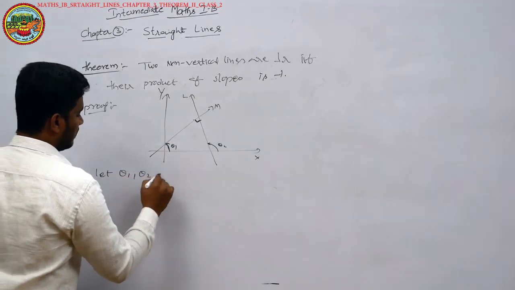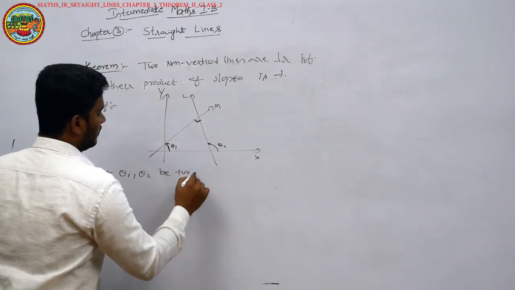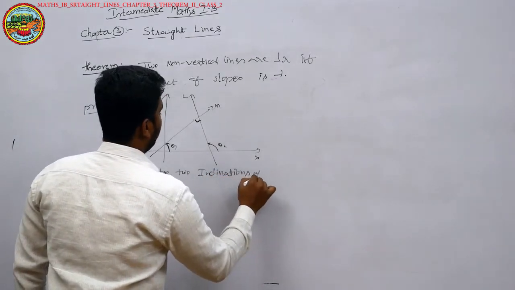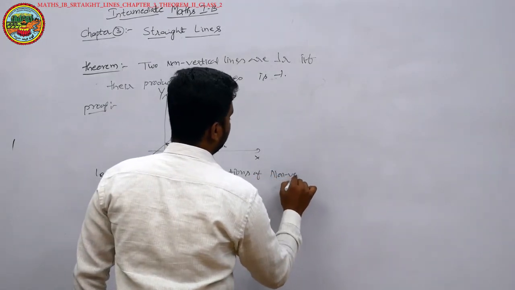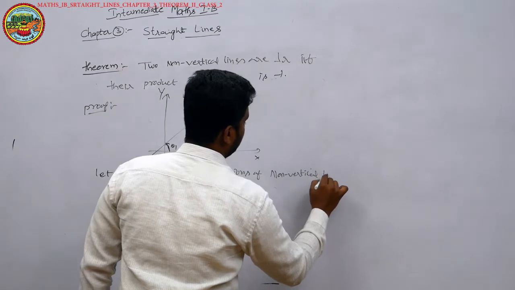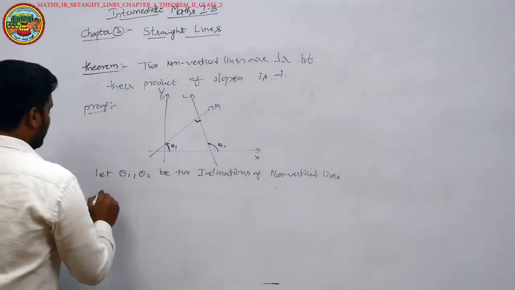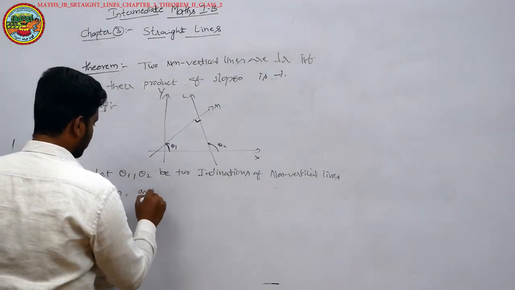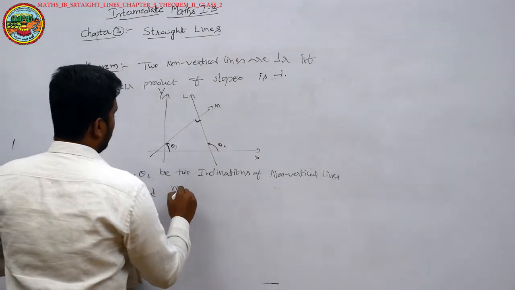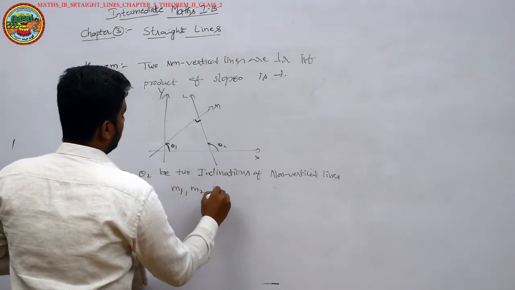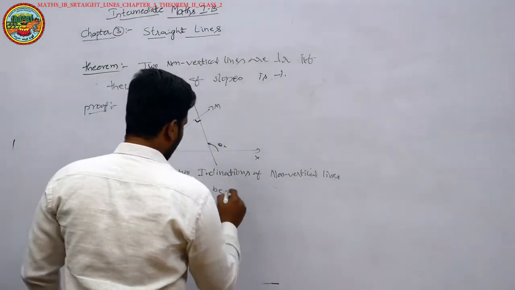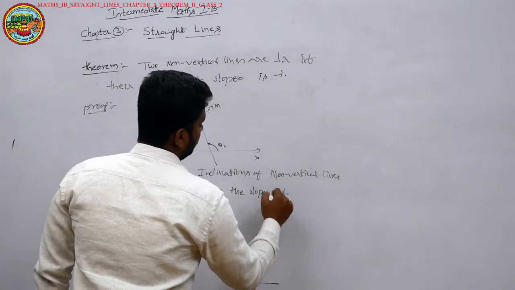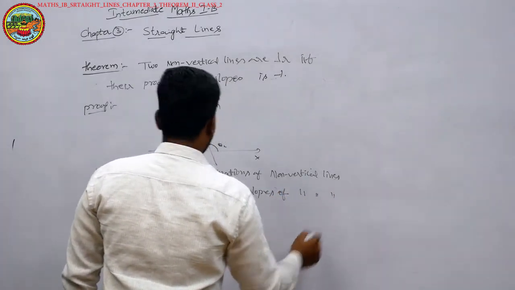So therefore let theta 1 and theta 2 be two inclinations of non-vertical lines L, M, and m1, m2 be the slopes of the two non-vertical lines respectively.